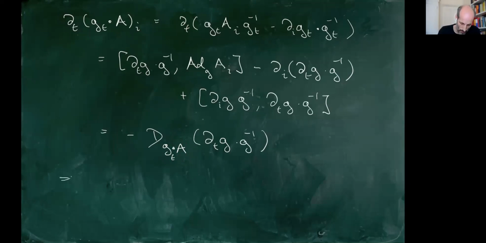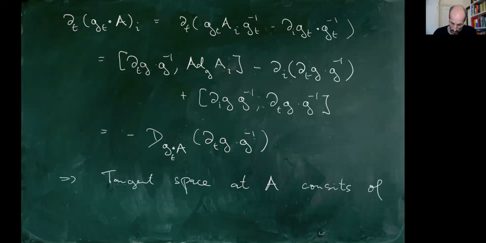So the tangent space at A consists of everything of the form dA, say H, where H is just a function from R^d into the Lie algebra. So it's a zero form, if you want.